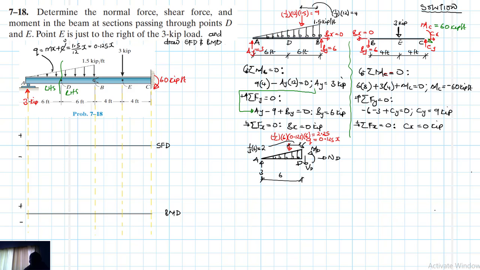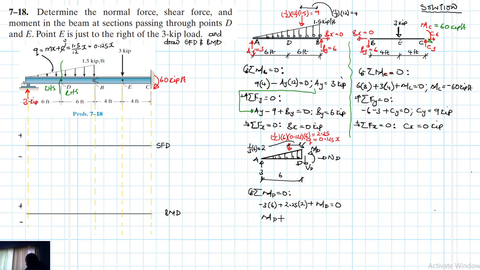Alright, so with that information, we can apply the equations of equilibrium. We'll say summation of moments about point D equal to 0, and clockwise being our reference. So we have a minus 3 times 6, a plus 2.25 times 2, and then plus MD equal to 0.